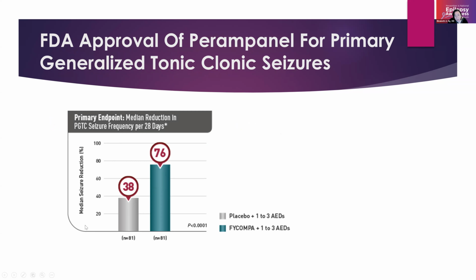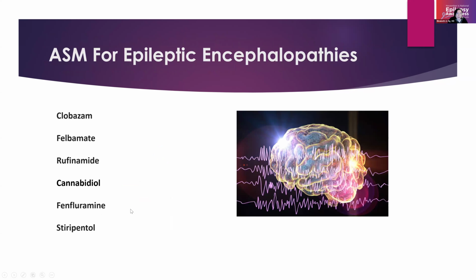As you can see here, the median seizure reduction was 76% for perampanel compared to 38% for the placebo. So the anti-seizure medications to be used for epileptic encephalopathies are clobazam, felbamate, rufinamide, CBD, fenfluramine, and stiripentol.